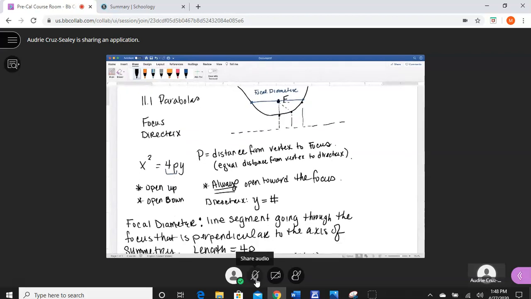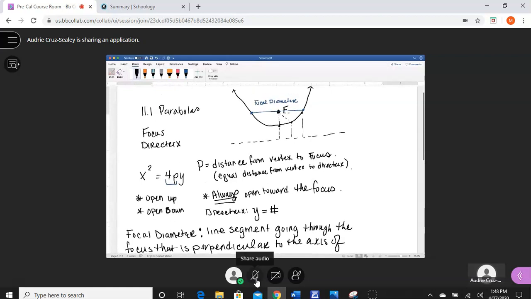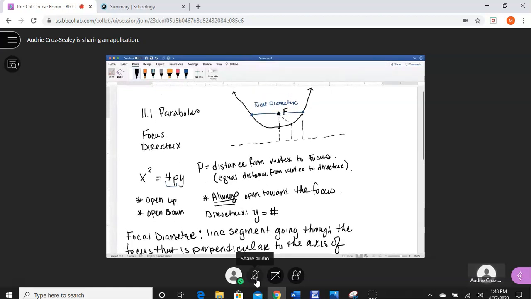At the very beginning one, where x was being squared and it opened up or down, we talked about the focus, how p is the distance from the vertex to the focus. And we talked about that you're always open towards the focus and that you're equidistant from the vertex to the directrix. But I didn't really talk about the equation of this line. Since this is a horizontal line, the equation for it will always be y equals a number.